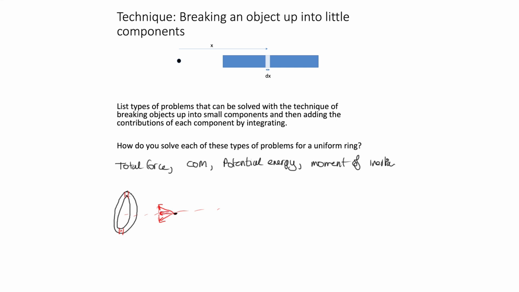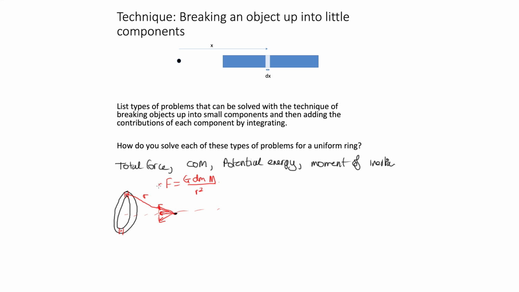So what you do is you'd work out the size of the force from this component, which if it's a gravitational force would be given by F = G dm m / r², where dm is the mass of this component, m is this mass here, and r² is the square of the distance between those two.